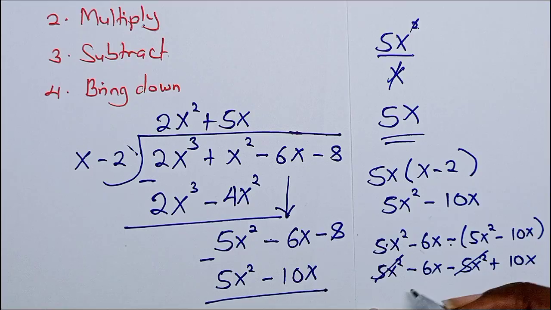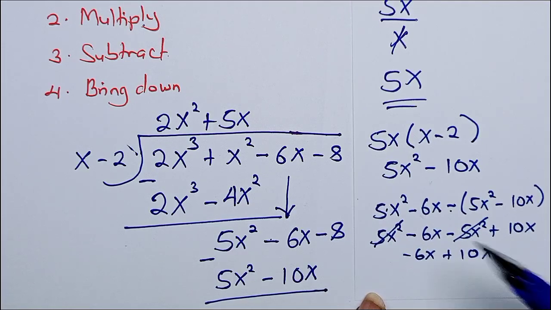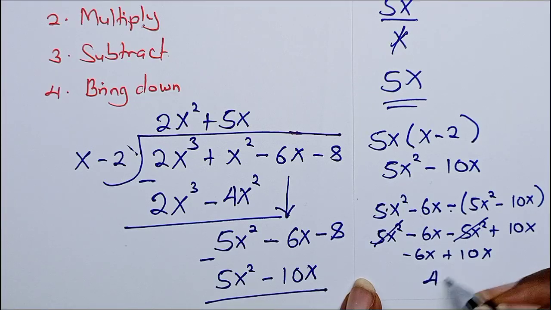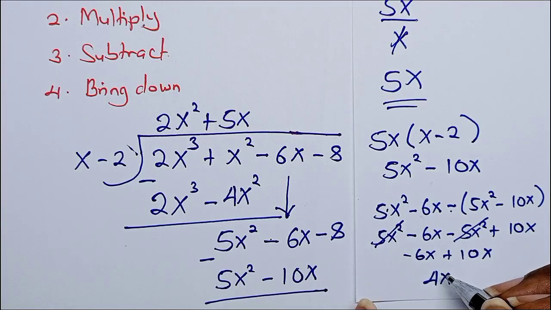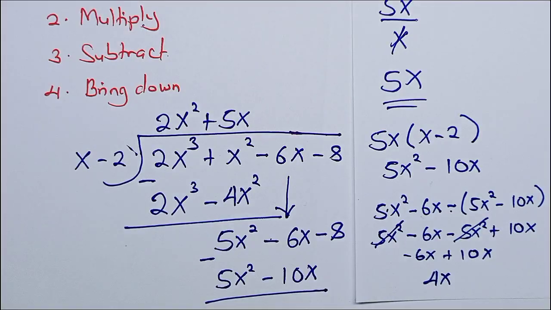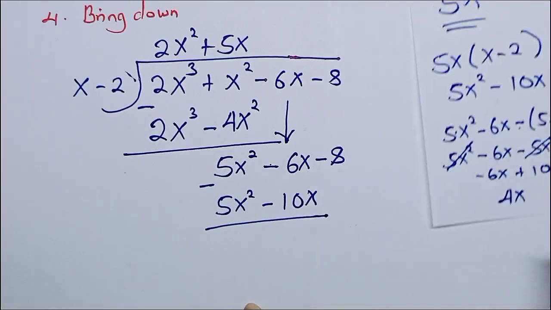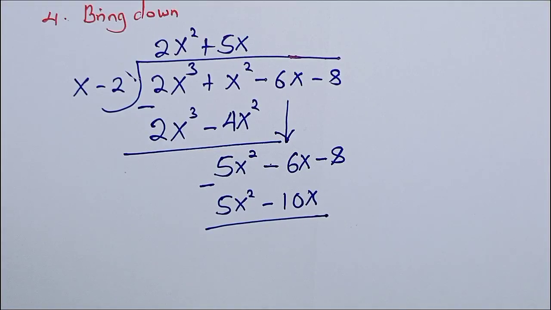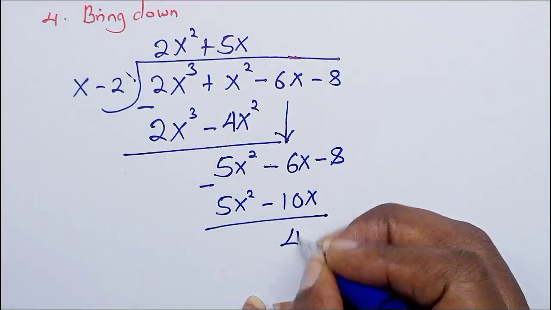So we have minus 6x plus 10x, which gives us plus 4x, positive 4x. So that positive 4x is what we put here below, okay? So it's the one you put down here, 4x.